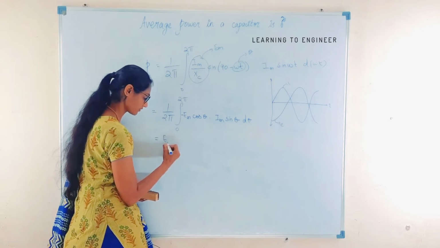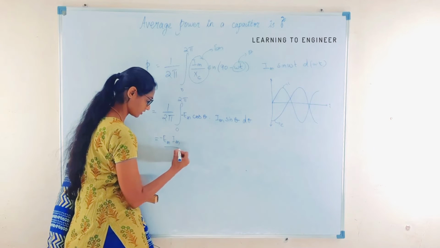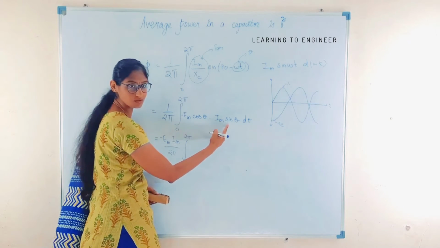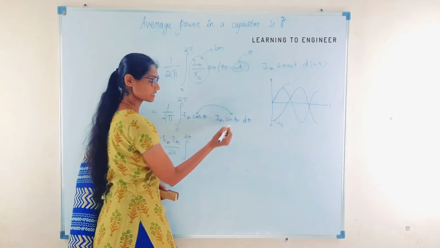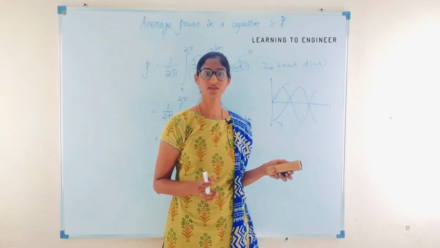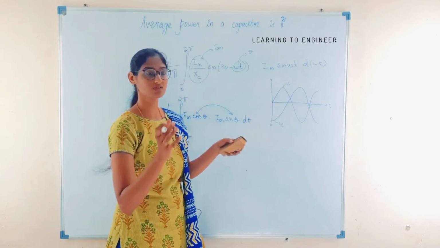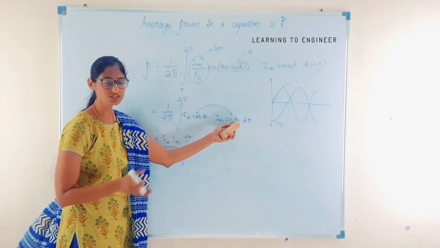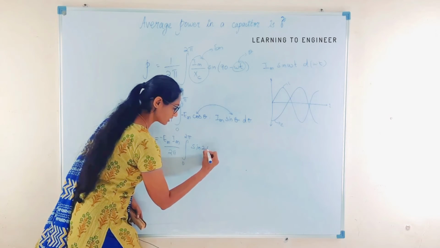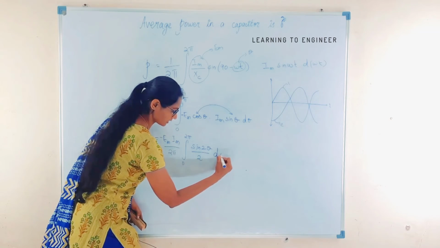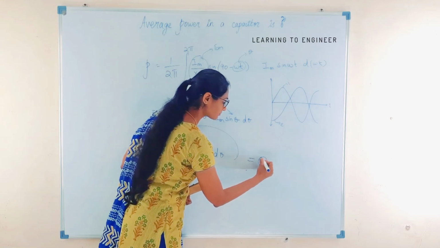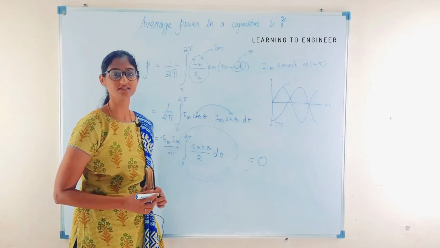This is equal to Em Im by 2 pi from the limit 0 to 2 pi sin 2 theta. I am clubbing cos theta and sin theta as sin 2 theta because sin 2 theta is equal to 2 sin theta into cos theta. So we have only cos theta and sin theta here. So we are bringing the term 2 to the other side. So this is sin 2 theta divided by 2 d theta. So again this term goes to 0. So therefore the average power in a pure capacitor is 0.